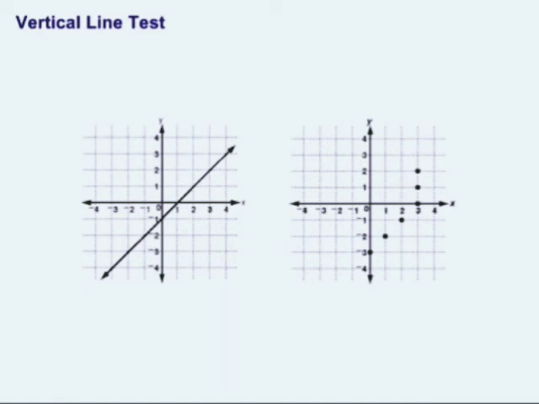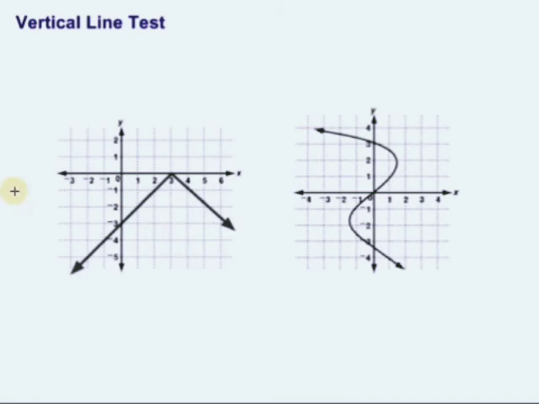So again, this first one is a function because it passes the vertical line test. It touches at most once. And the second one is not a function because it fails the vertical line test right here. Let's look at two more quickly.